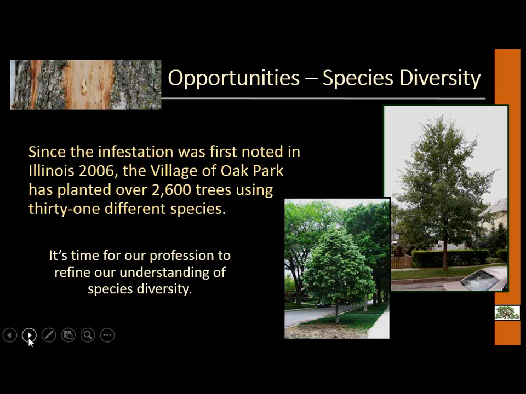It's also, at this point, time for our profession to refine our understanding of species diversity. That formula of 10, 20, 30 is very much outdated, in my view. If you have 10% ash, it's still going to be a huge headache for most communities. So that's 10% species, 20% genus, 30% family. What I try to get towns to think about is developing species targets based on what percentage of trees you can afford to lose.